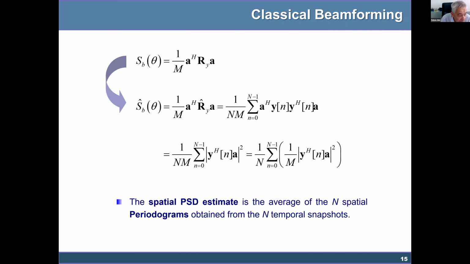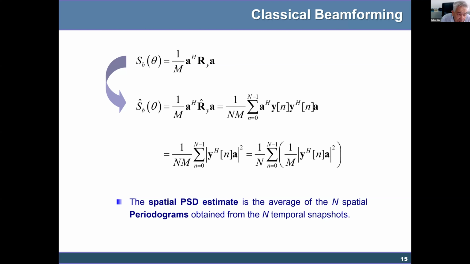So the impulse response H of the beamformer, which is a discrete linear time invariant filter, an FIR filter, H is proportional to A. So it means that the classical beamformer is nothing but a matched filter.